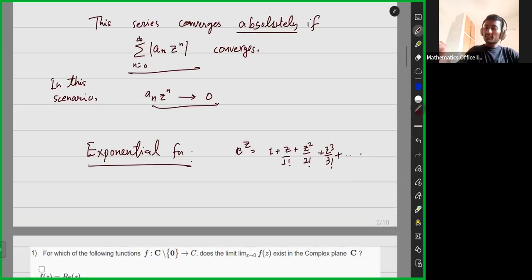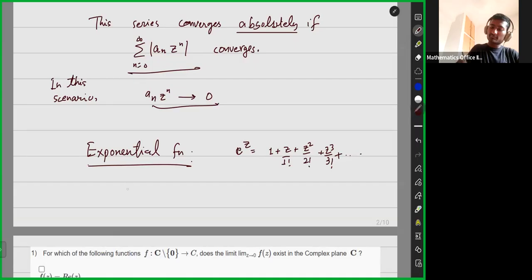We saw that this power series converges absolutely for every z. So for every z, it gives us a complex number. If you change the z, you get a complex number, which is called e power z.